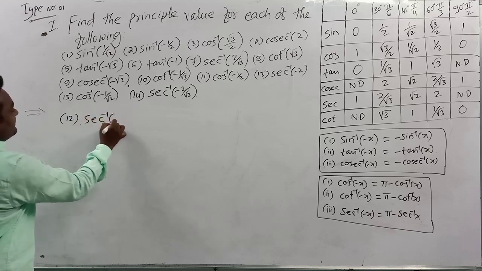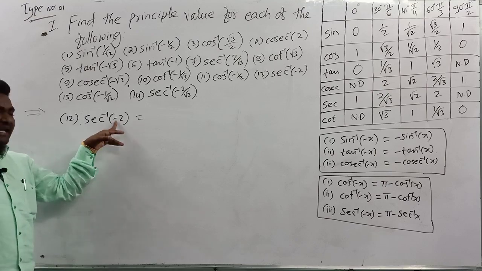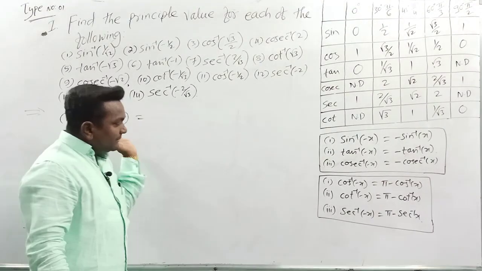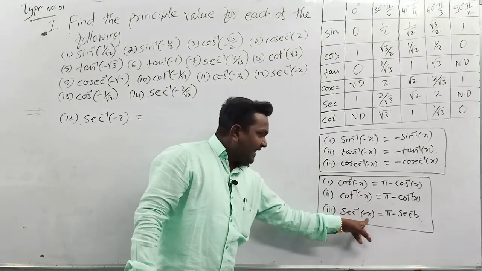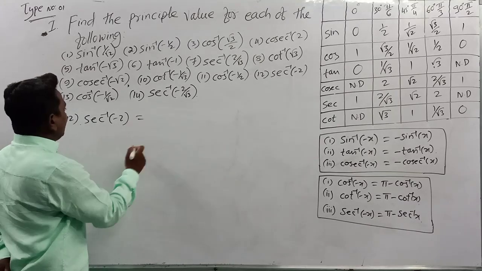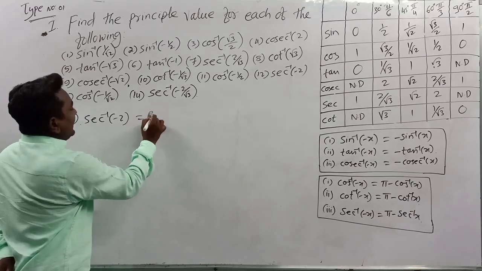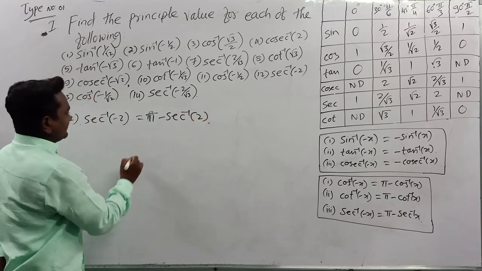Sec inverse minus 2 is equal to, same here we have to cancel out this negative sign, means sec inverse minus x equal to what? Pi minus sec inverse x. So according to that property, pi minus sec inverse 2.